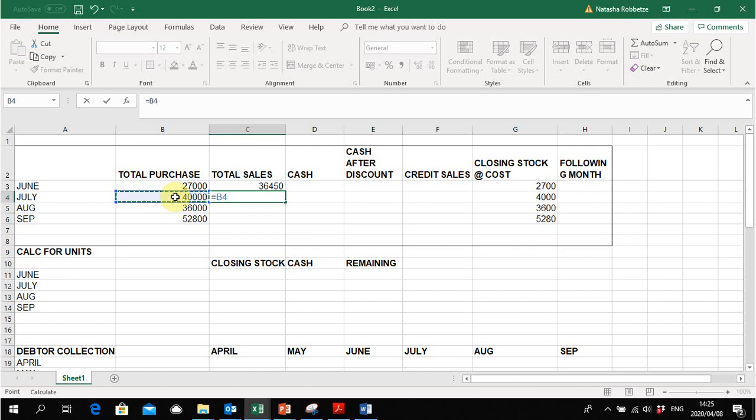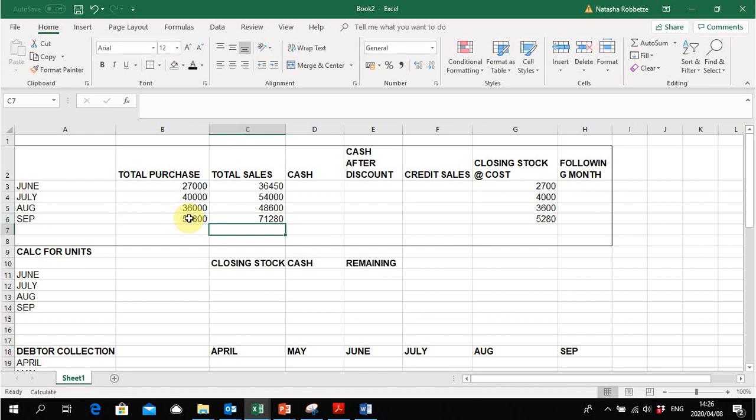Then for July, again, times 1.5 to add the markup, and then 90% of it. For August, again, adding the markup and taking into account that only 90% of it can be sold. Same for September.